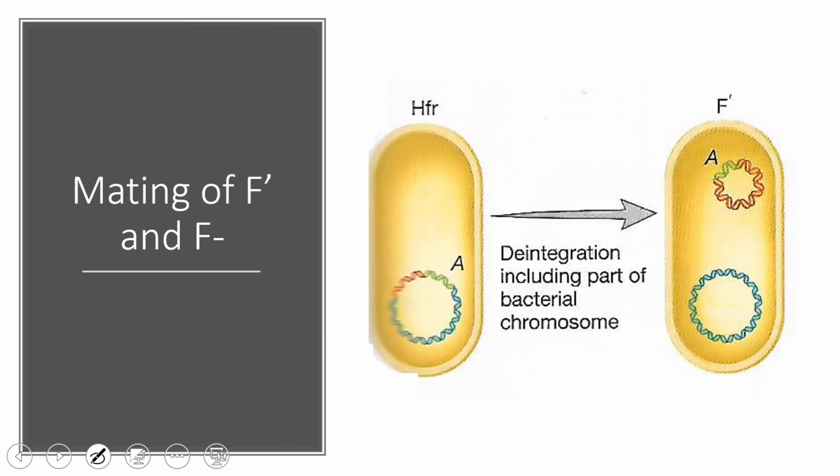Next is the mating of the F prime with the F minus. What happens is that in the Hfr cells there will be the deintegration of the F plasmid, and it will take some parts of the bacterial chromosome.